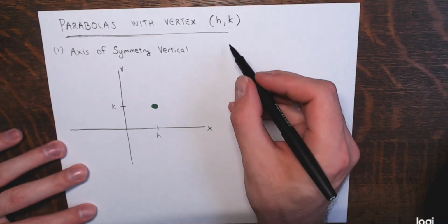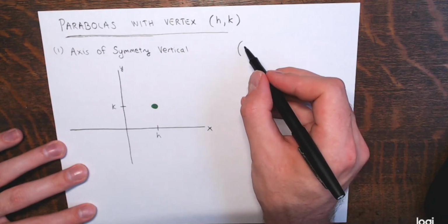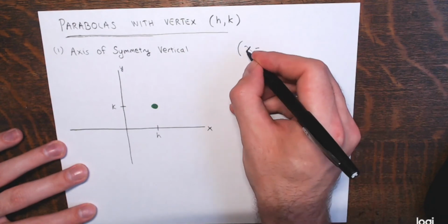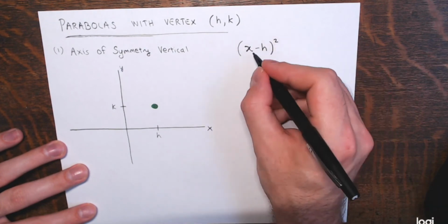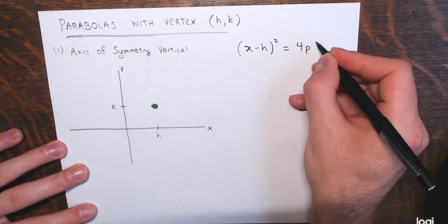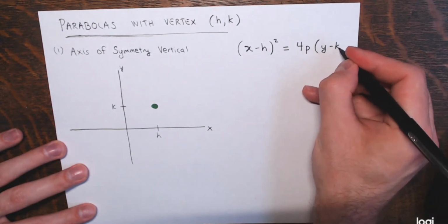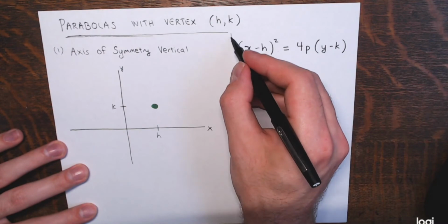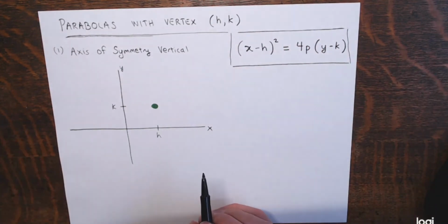And the equation of such a parabola is going to be x minus h squared equals 4 times p times y minus k. So this is the equation in standard form. Just like in 12.3 part 1, only x is replaced by x minus h, y is replaced by y minus k.